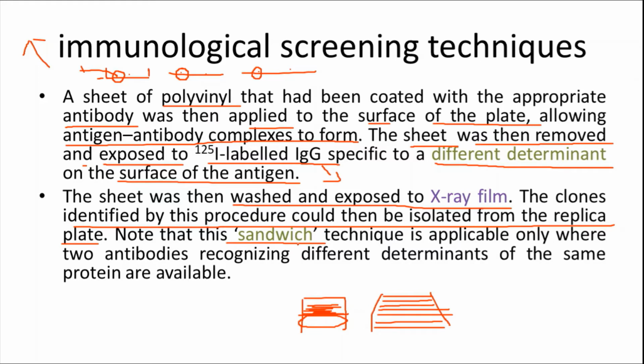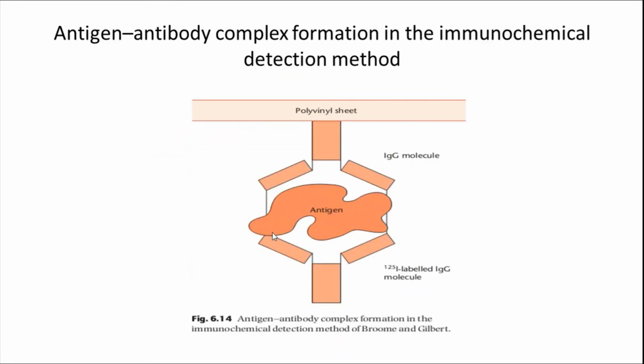The sandwich model is used to determine the clones. First, the polyvinyl sheet is coated with the primary antibody.